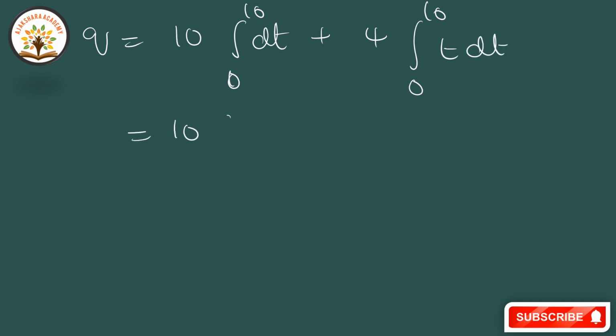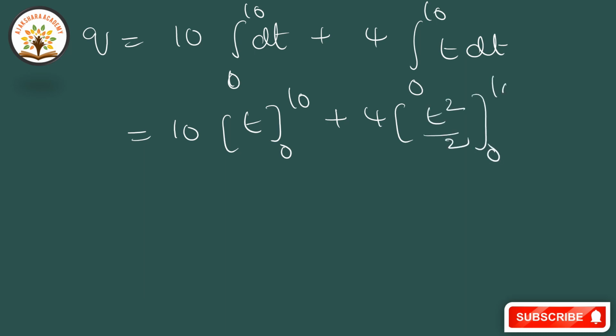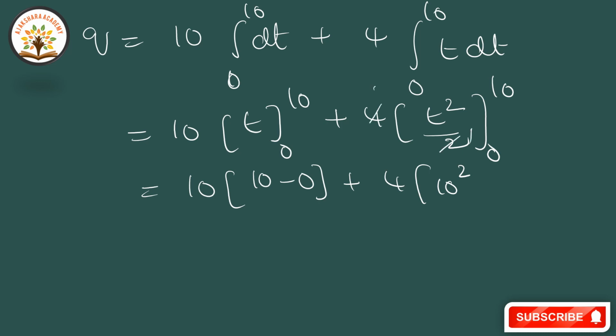10 into the integration of dt, which is t with limits 0 to 10, plus 4 into the integration of t dt, which is t square by 2 with limits 0 to 10. So applying the limits, 10 into upper limit minus lower limit, 10 minus 0, plus 4 into 10 square by 2, applying the limits 10 square minus 0.